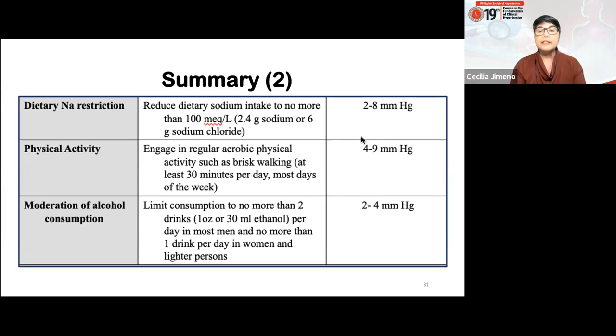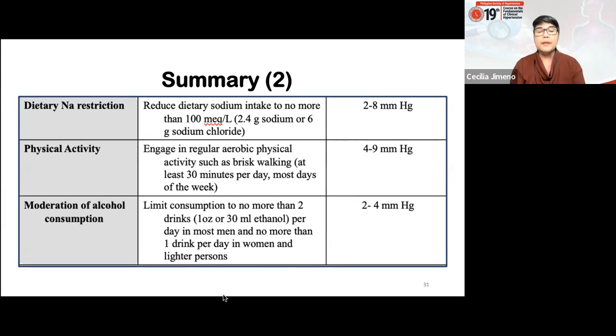Physical activity around 4 to 9 millimeter mercury, engaging in aerobic physical activity such as brisk walking, Zumba, for example, of at least 30 minutes per day on most days, and moderate alcohol consumption around 2 to 4 millimeter mercury.